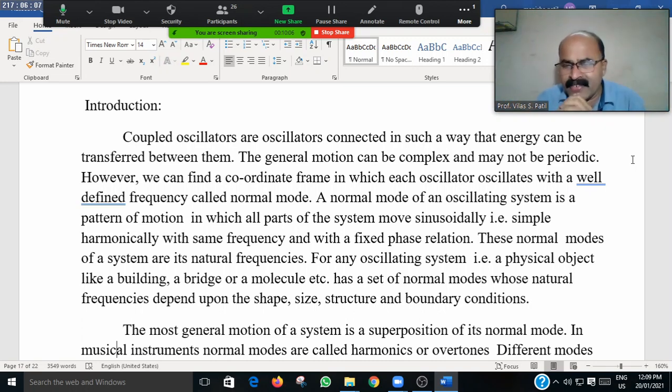Such a combined system is known as coupled oscillation.